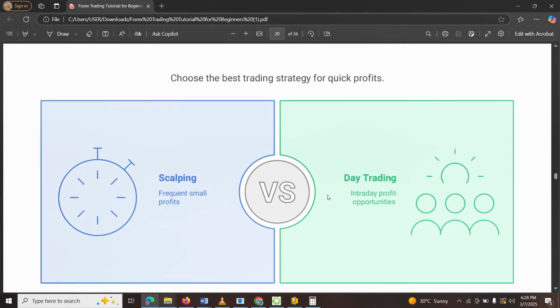This is trades held for seconds to minutes, and it aims to take small profits frequently. Then we have day trading, the intraday profit opportunities. These are trades opened and closed within the same day, with no overnight risk.